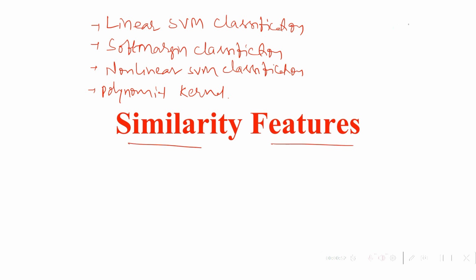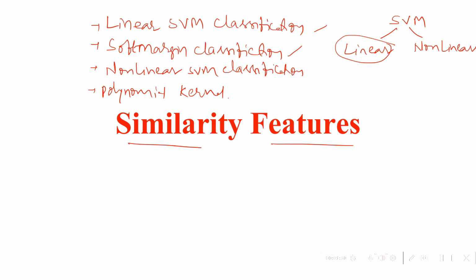So that means the support vector machine can perform classification on linearly separable data, as well as non-linearly separable data. For linearly separable data, we apply linear SVM classification and soft margin classification.